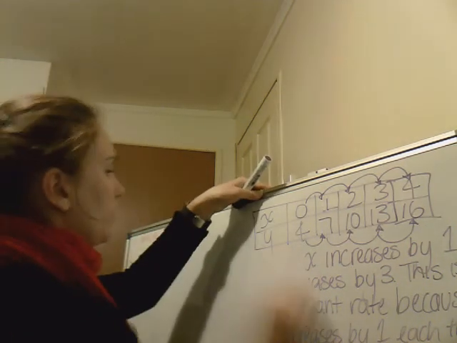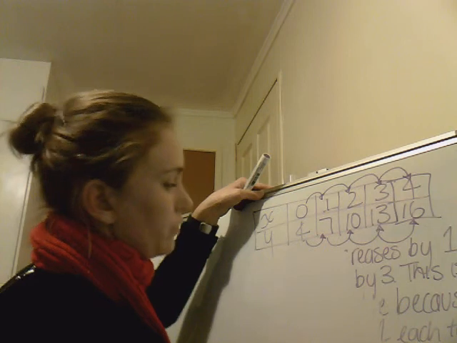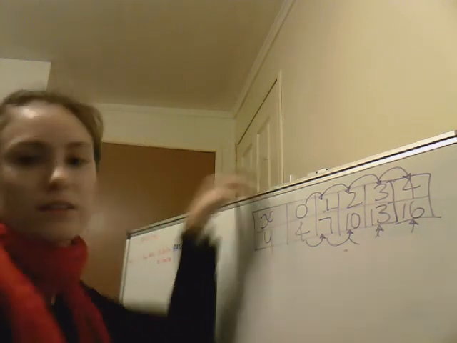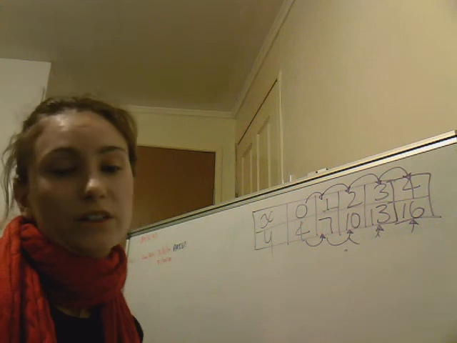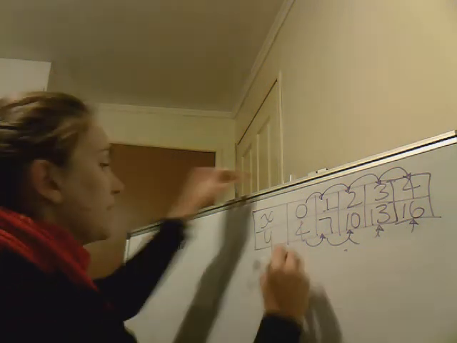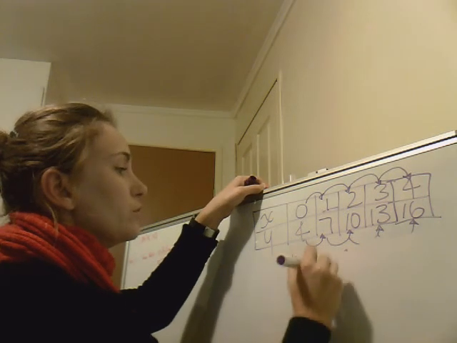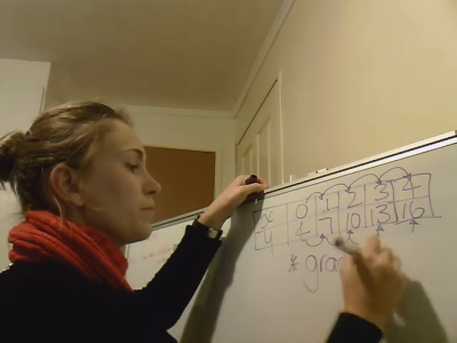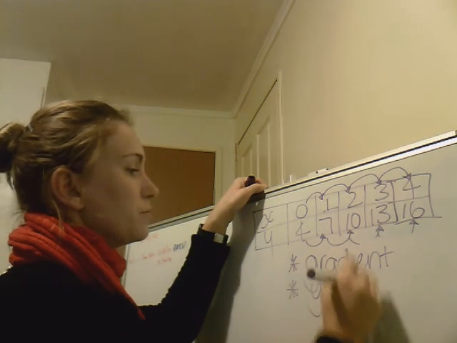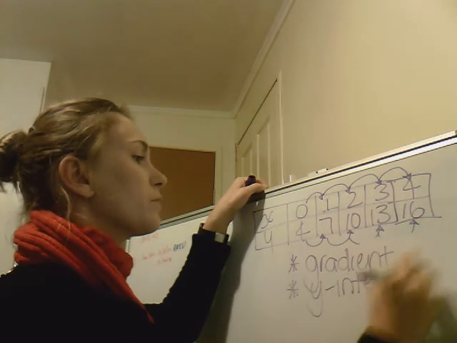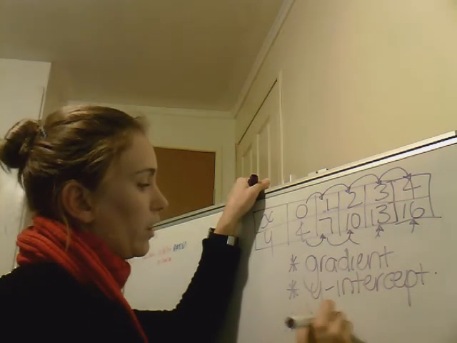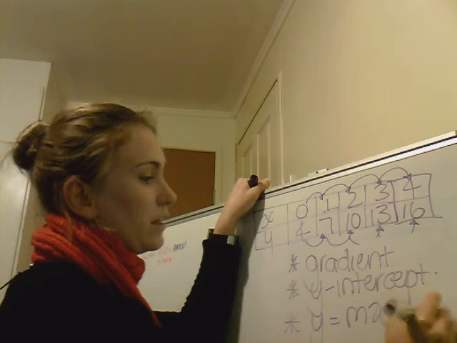With the same set of data, if it asks you to solve the equation that exists between x and y, what that requires you to do, as in my last video, is find the gradient, find the y-intercept, and then you can turn it into a rule that looks like y equals mx plus c.